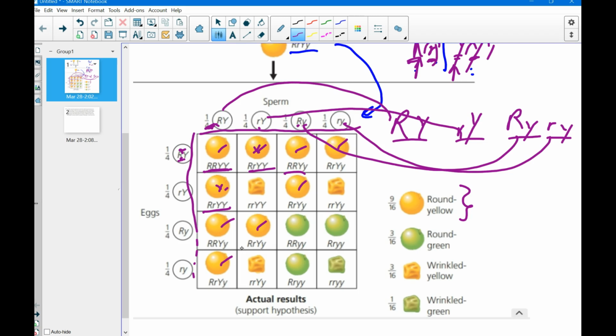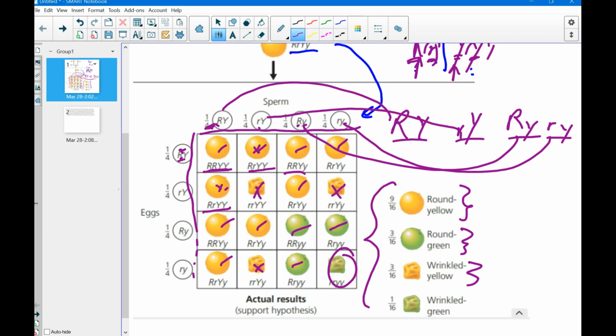Round green, there'd be 3 of them. Let's see, 1, 2, 3. Wrinkled and yellow, let's see them right here. 1, 2, 3. And wrinkled and green, there's 1. But this is the ratio you typically, commonly get: 9, 3, 3, 1.